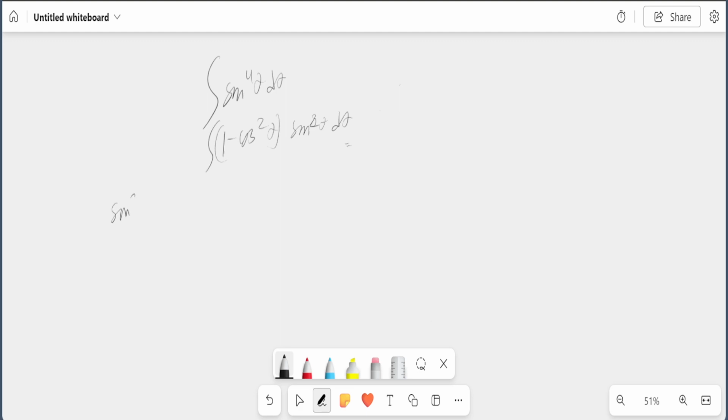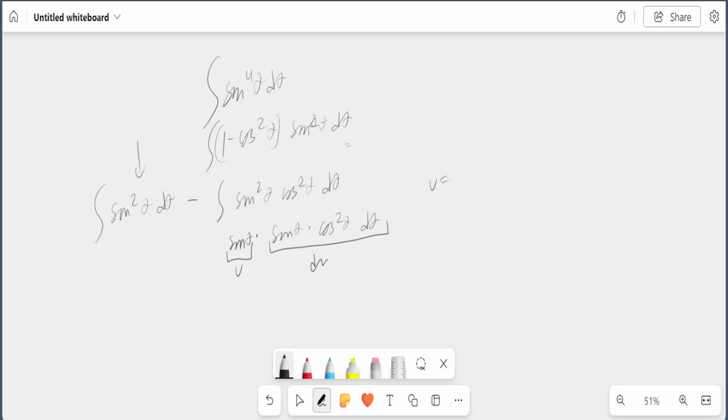Because then you get sine squared theta d theta, and then you use half angle for that, minus sine squared theta cosine squared theta d theta, and then you would do sine theta times cosine squared theta d theta with sine theta as u. It should work.